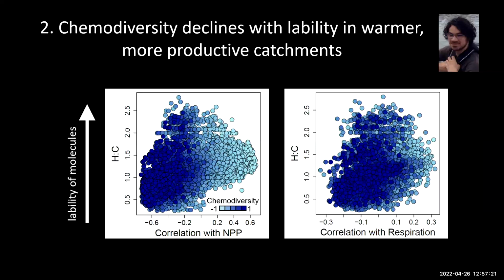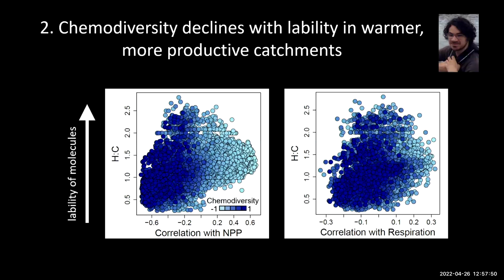And along the x-axis, we've then taken the abundance of each molecule in each lake and correlated that with the net primary productivity of the catchment. So points further along the x-axis are molecules which are positively correlated with productive forest vegetation catchments.